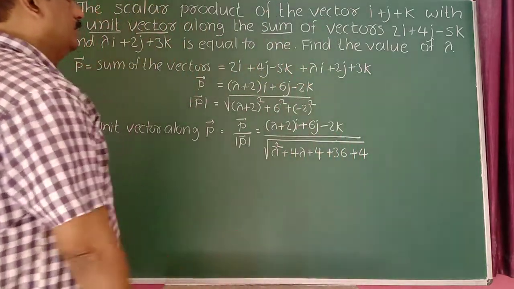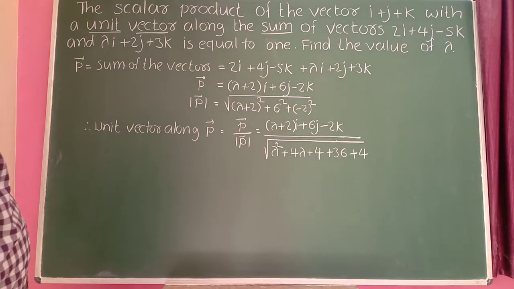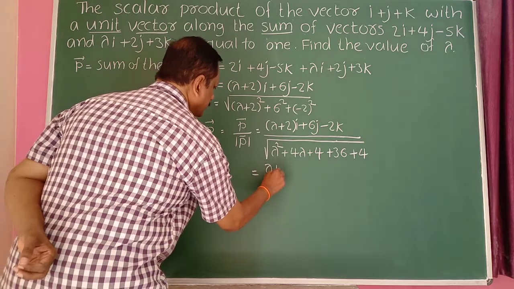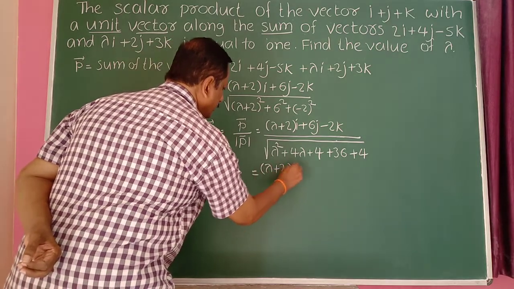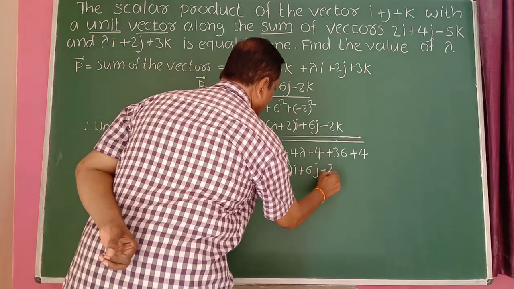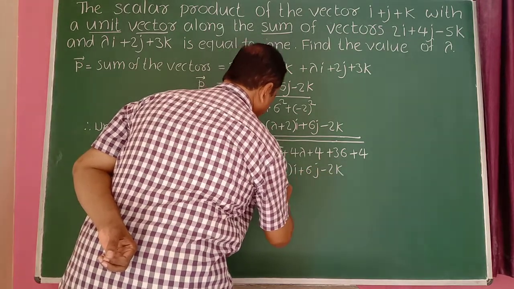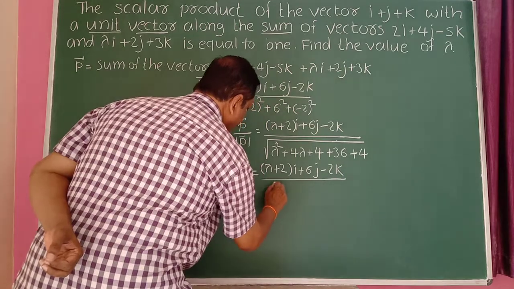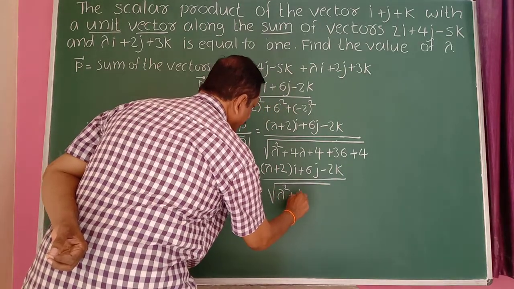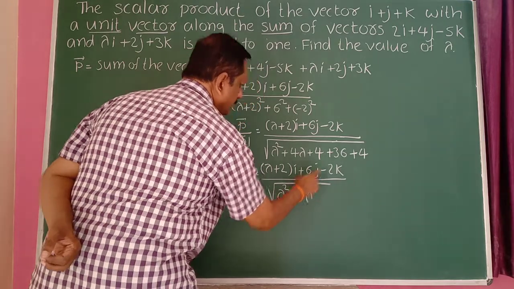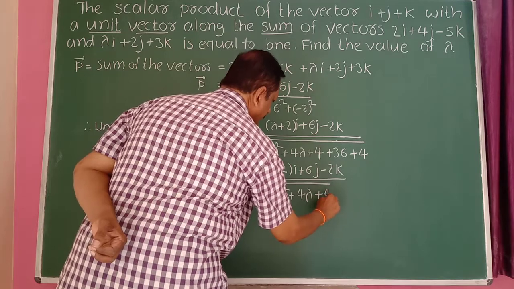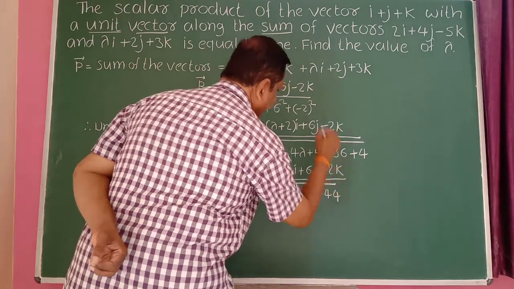So this is equal to lambda plus 2 into i plus 6j minus 2k divided by root of lambda squared plus 4 lambda, then 36 plus 4 is 40, plus 4 gives 44, plus 44.